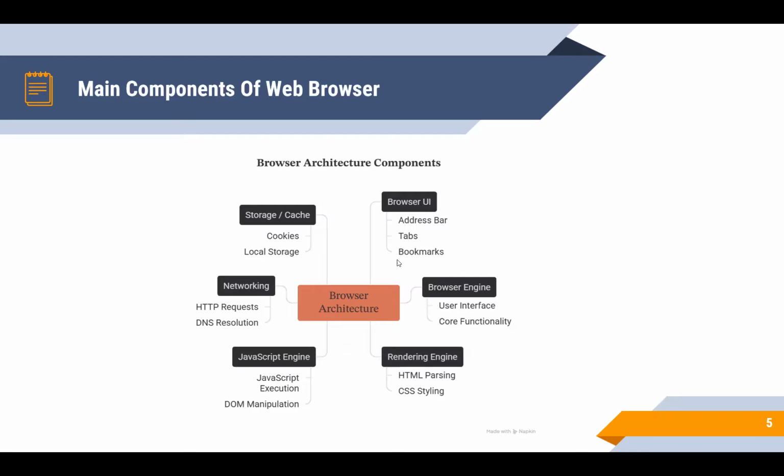Then coming to the JavaScript engine, this is also a most important thing of any browser. What is the meaning of the JavaScript engine? If you remember, in our previous session, I already explained: in a web page, there are three most important things. One is HTML.